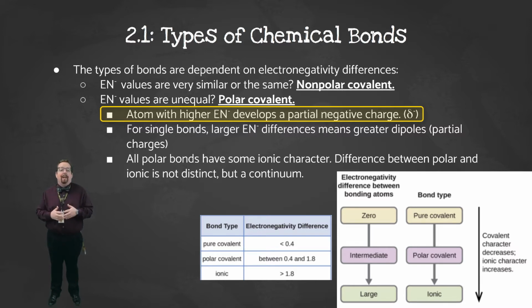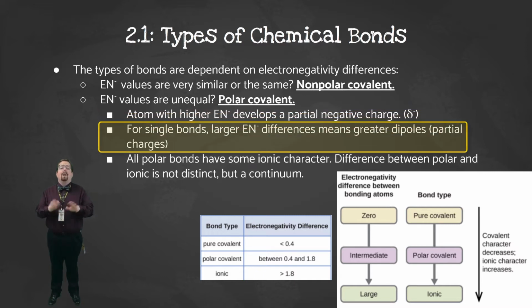The other atom, then, will form a partial positive charge because it doesn't feel the effect of those negative electrons as much as it normally would. This is symbolized in the same way, but with a plus sign for the superscript. For all single bonds, the larger the electronegativity difference between the 2 atoms, the greater the partial negative and positive charges will be. These partial negative and partial positive charges are called dipoles.